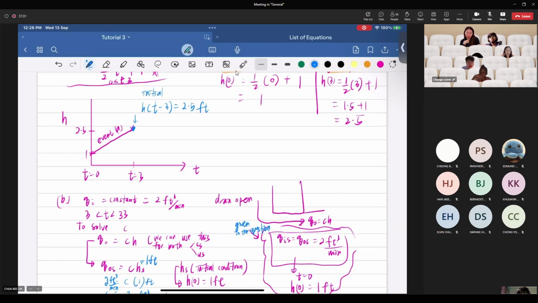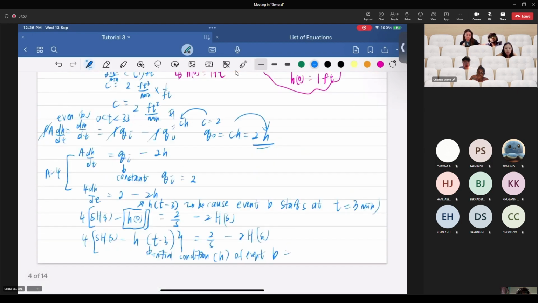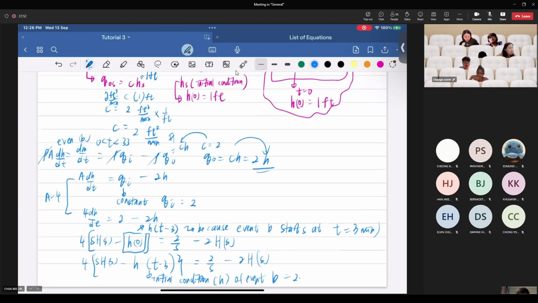Initial level for event B is 2.5. So the endpoint of event A will be the starting point of event B. So 2.5 feet.